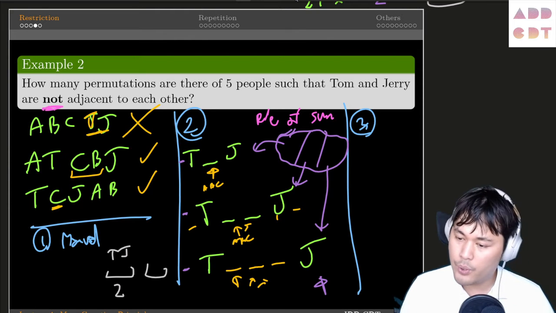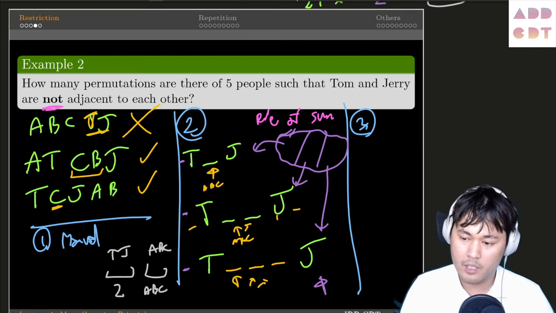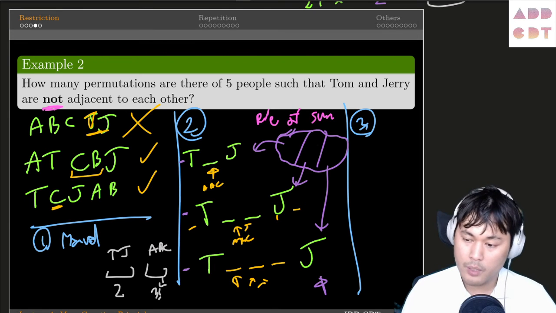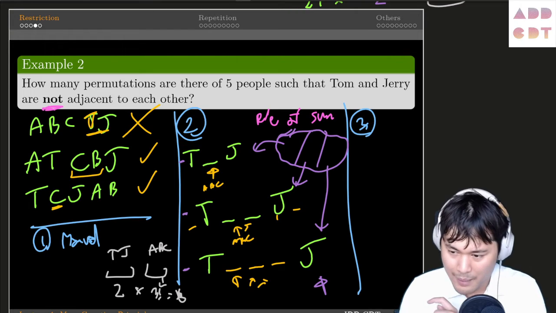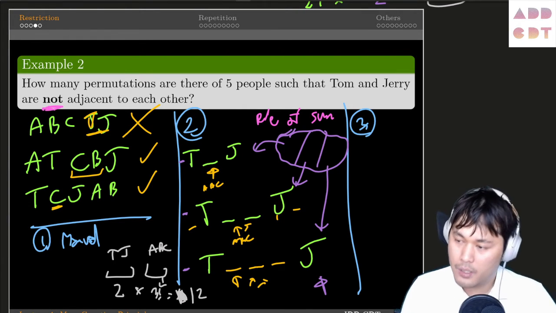Then we have to put A, B, and C in between, and the number of ways is 3 factorial. We have 3 objects and we permute them all, so the answer is 6. Then 6 times 2 is 12. Okay, so the number of permutations here is 12.